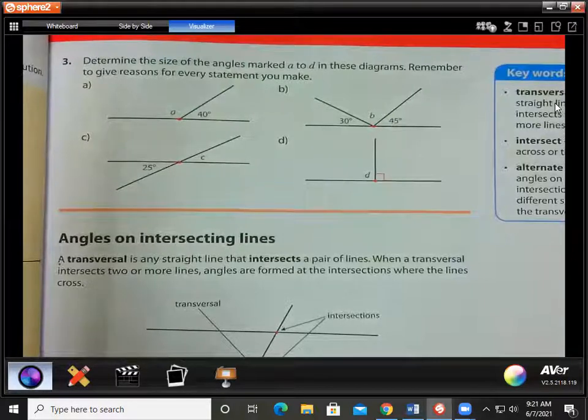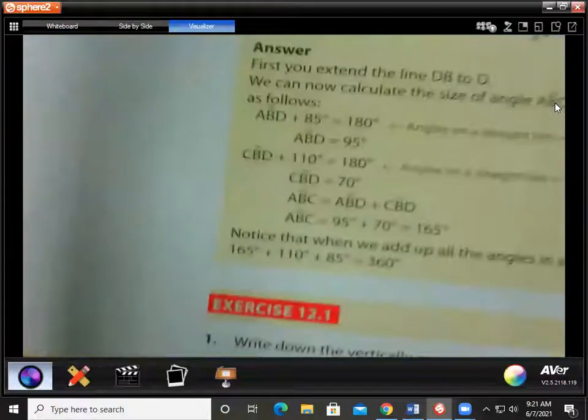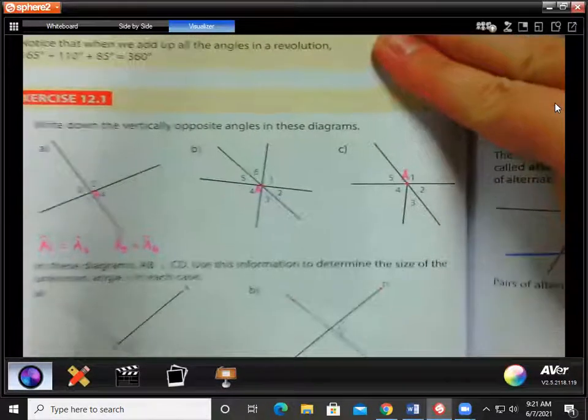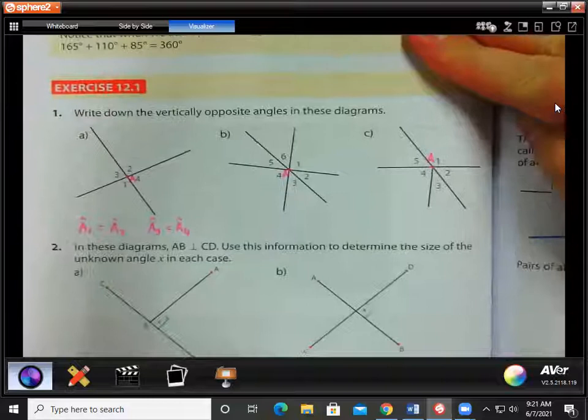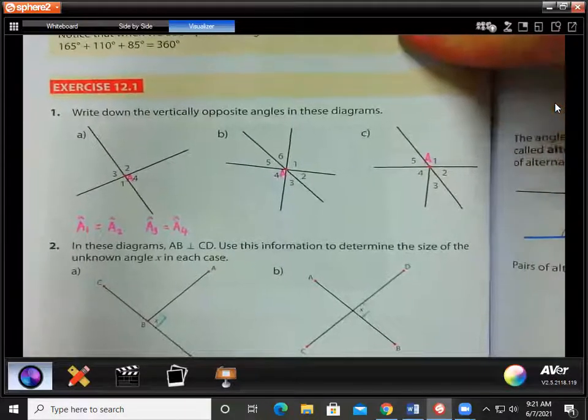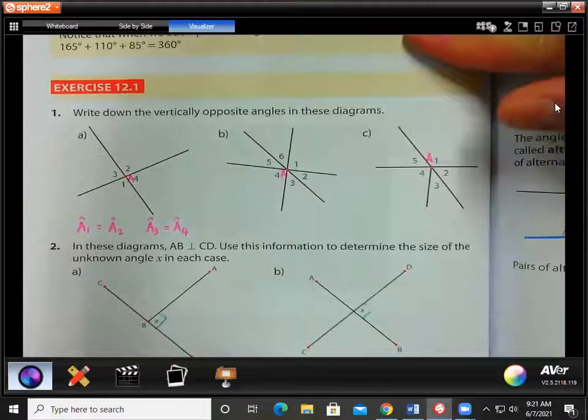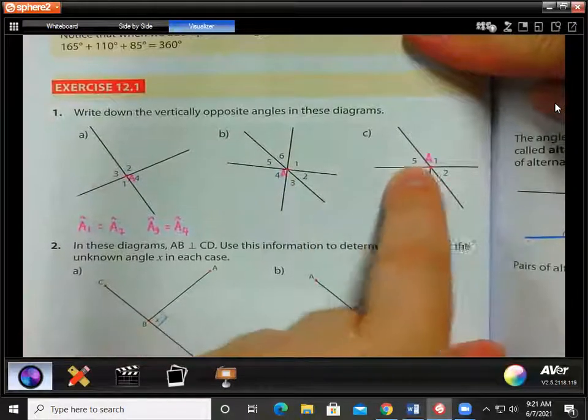Okay. Yes. What do you do for 1C, because it's kind of missing a lot? For 1C, you're only going to write the ones that will actually be equal. Not all of them will be equal there. Do you guys see what he's saying?